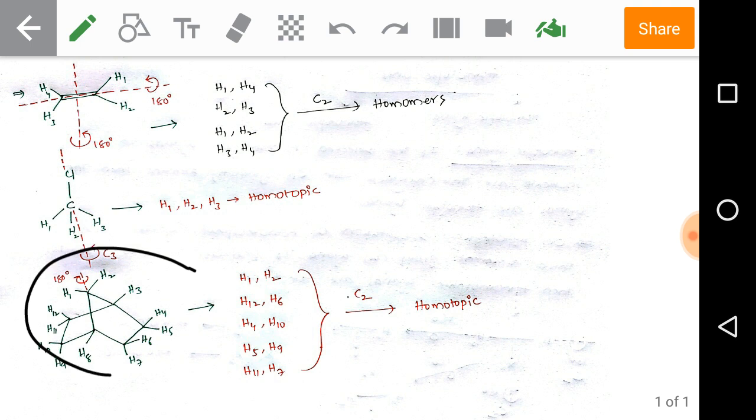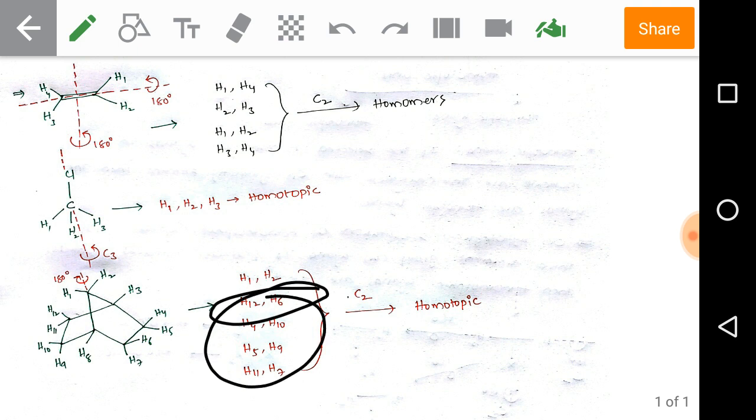Okay, and now check another example here. There is a possibility of C2 through this molecule, through the methylene bridge, and here by 180 degree rotation H1 gets the H2 position and H2 gets the H1 position. Hence H1 and H2 are in a homotopic relationship. At the same time, just check all of them, these all have a C2 symmetry operation through them, hence they are homotopic.